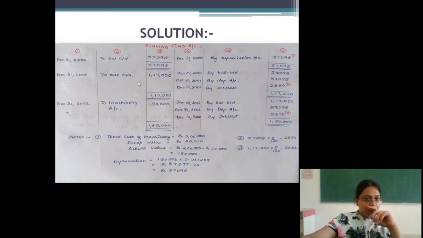Now the balance carried down on the same date, December 31st, 2001, will be the total of this, that is 1,17,050. Now again we will bring down this balance, by balance brought down 1,17,050. On December 31st, 2002, we'll charge the depreciation 57098.